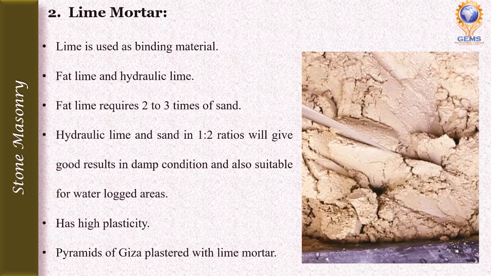Second is lime mortar. In lime mortar, lime is used as a binding material and sand is used as an aggregate. There are two types of limes: fat lime and hydraulic lime.